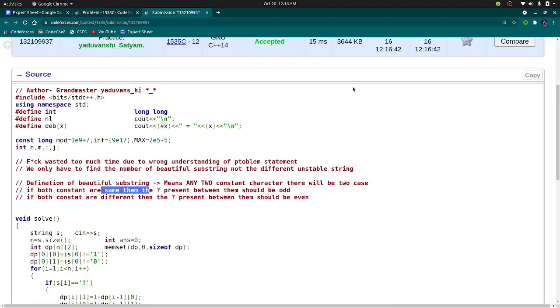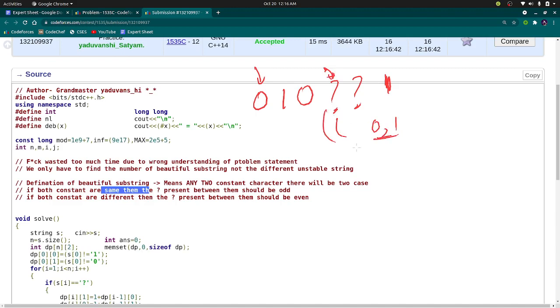First I will explain that we only have to take care of the last digits. For example, 0 1 0 question mark 1. What can this question mark be? It can be 0 or 1.